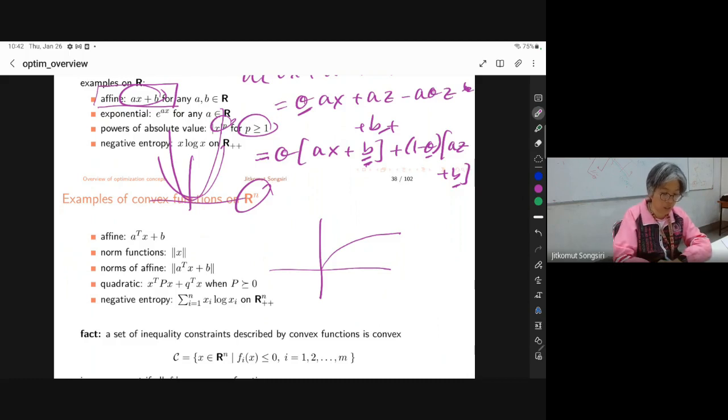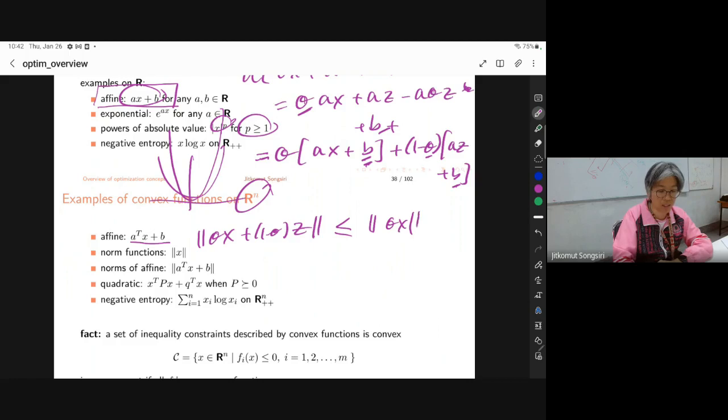This is the norm function. Why is a norm a convex function? Because if I consider the norm of theta x plus 1 minus theta z, what do I get? I apply a property of the norm, the triangle inequality, that says this is less than or equal to the norm of theta x plus the norm of 1 minus theta z. Then I use the homogeneity property of the norm.